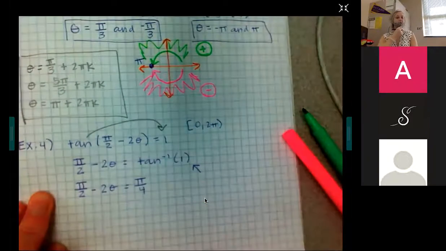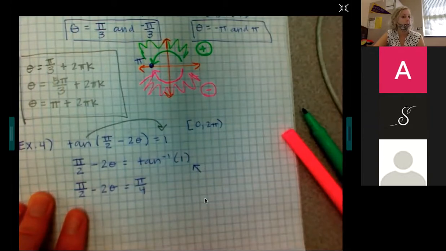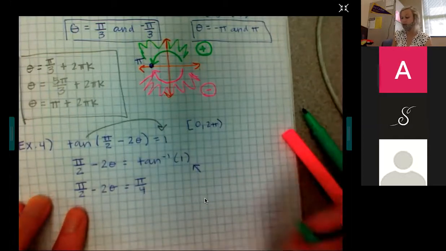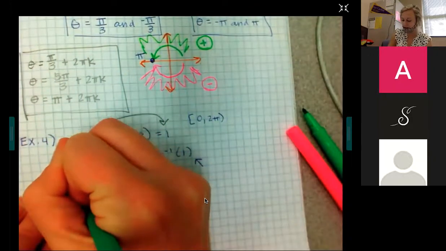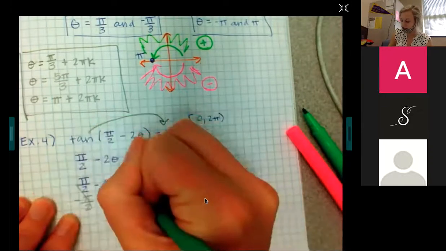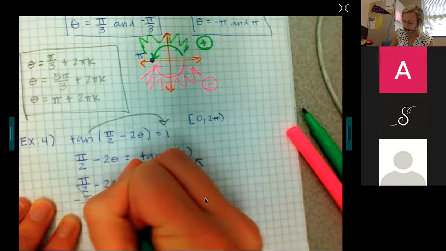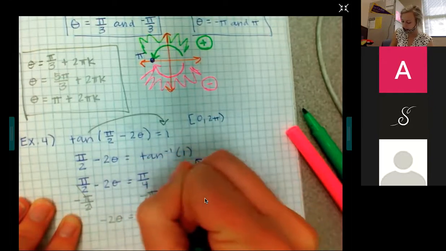Pi over 2 minus 2 theta is just going to be equal to pi over 4. What are we trying to solve for? Theta. So what would I move next? Good. How would you move the pi over 2? Subtract it. Good. Negative 2 theta equals pi over 4 minus pi over 2.